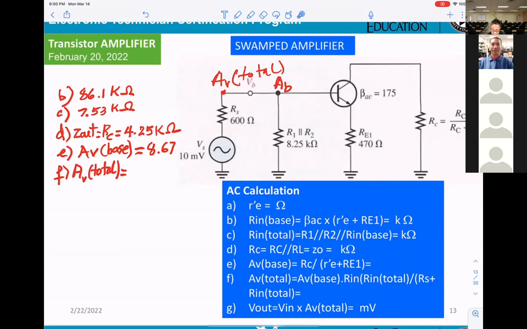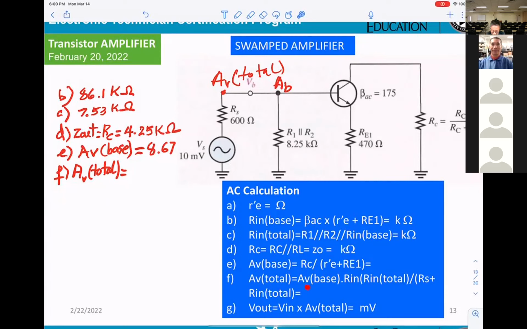Okay. So basically, the total gain cannot be only the gain at the base. Then basically, if you want to calculate it, you have to calculate by voltage divider. Okay, that's what they call it here.